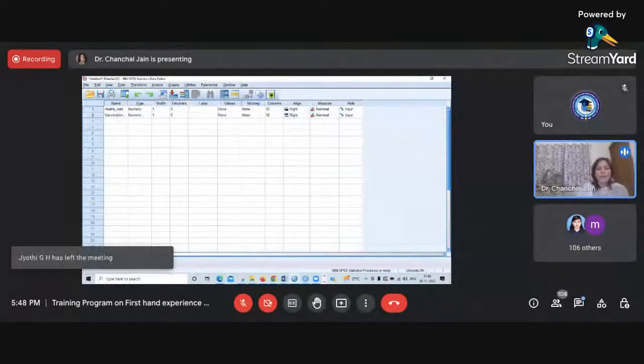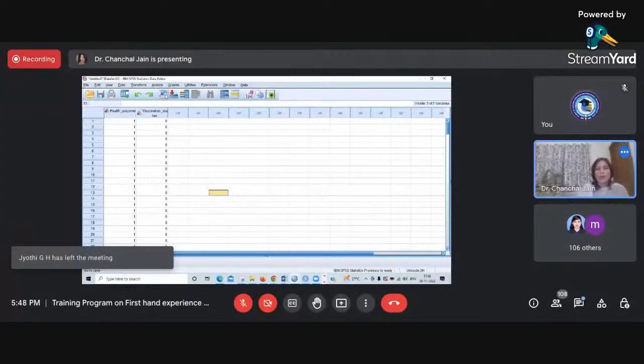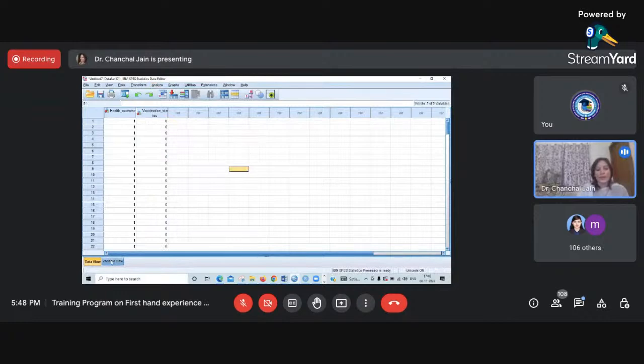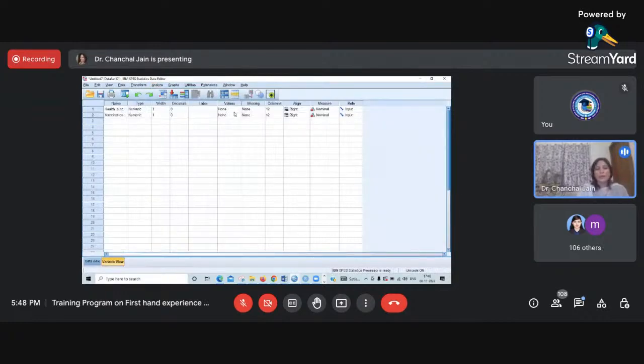Firstly, I can check the frequencies. I'll go to the Analyze menu, then Descriptive Statistics, because I want to define the values for these two variables. If you go to the Variable View, you can see values are not defined here.